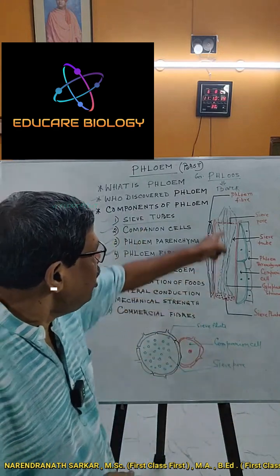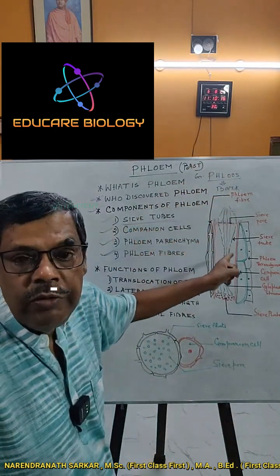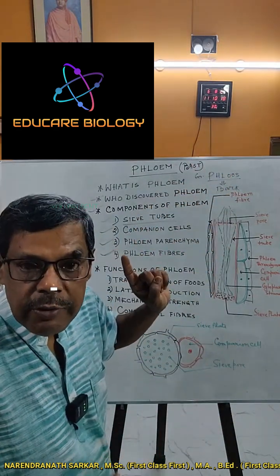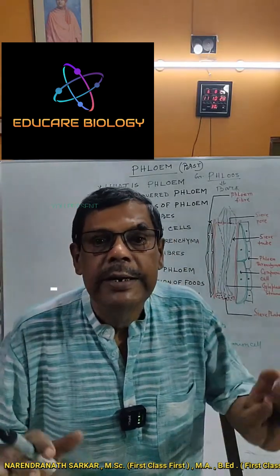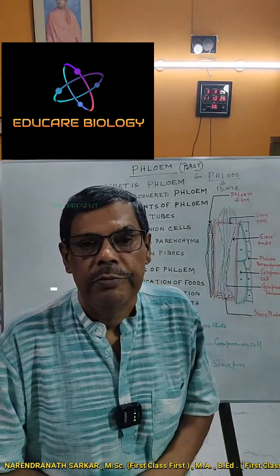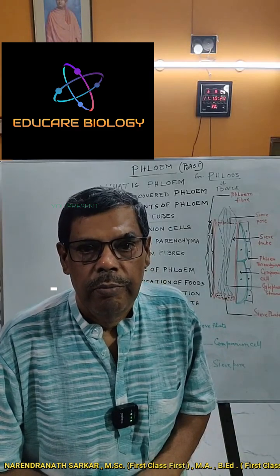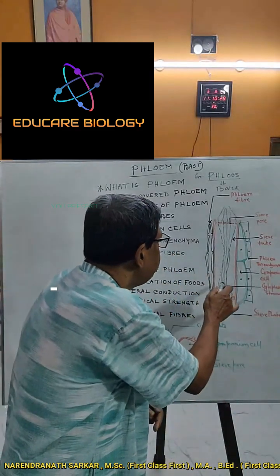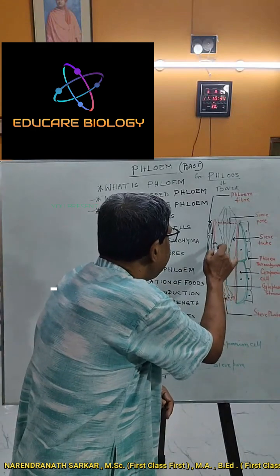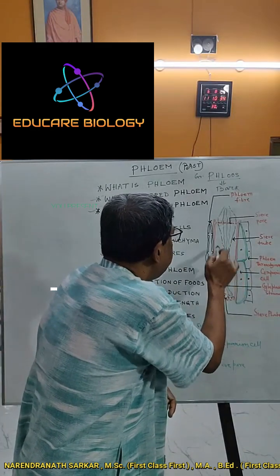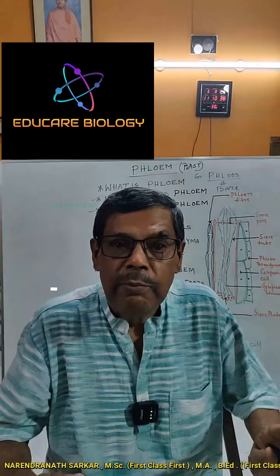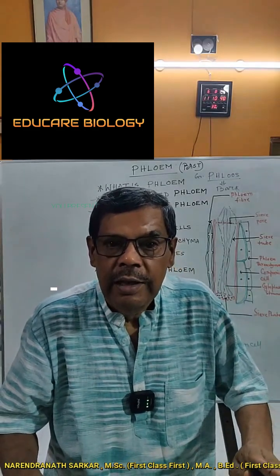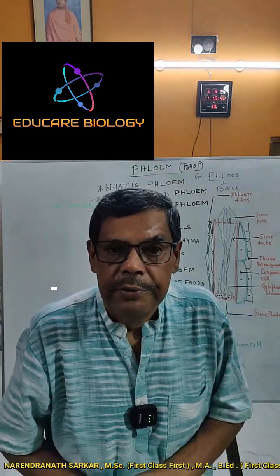These sieve cells are joined end to end to form sieve tubes. At maturity, sieve tube cells are living but devoid of nucleus. Sieve tube cells have peripheral cytoplasm. At the middle of the sieve tube cells, a vacuole is present.